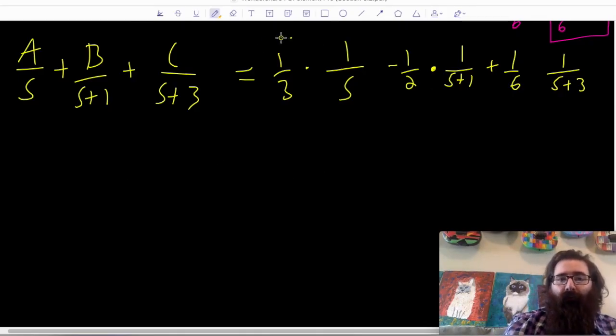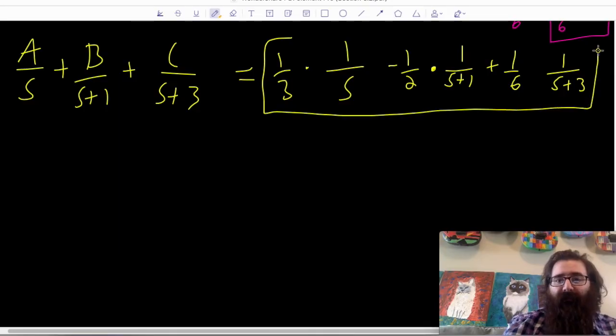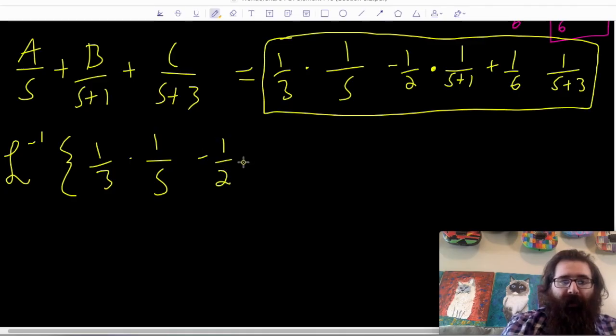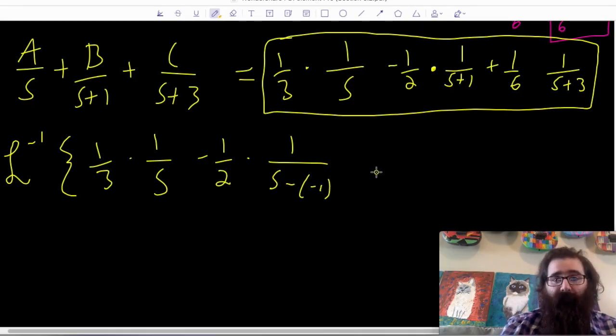So what I want to do is take this and throw it into my inverse Laplace. So Laplace inverse applied on 1/3 times 1 over s minus 1/2 times 1 over s plus 1. But if we're thinking, hey, I've seen that before, I think it's maybe better to write it as s minus negative 1, just to preemptively, and then plus 1 over 6 times 1 over s plus 3.